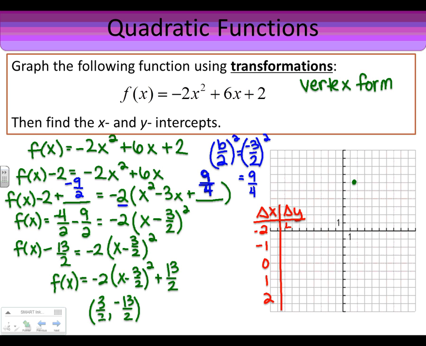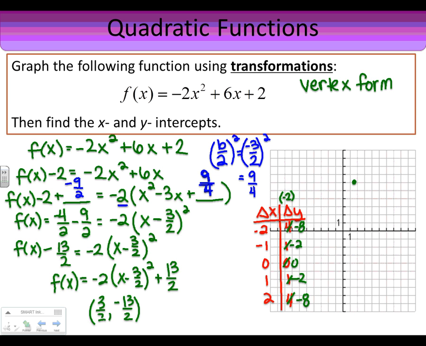This is a quadratic, so this is always going to be our parent function. And my a value is negative 2. So I'm going to multiply all the y values by negative 2. So from my vertex, I now have a new rate of change. From my vertex, I'm going to go negative 2 on the x's and negative 8 on the y's.